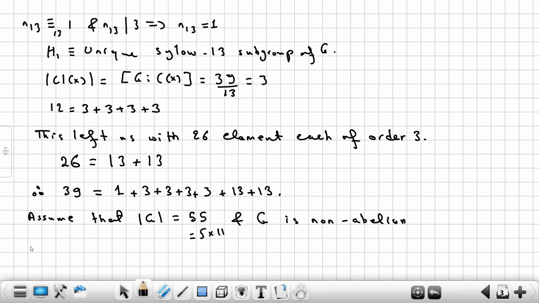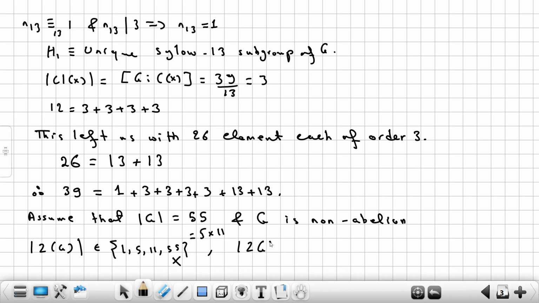Again, we will find the order of the center subgroup. The order of Z(G) must divide the order of G, so the order of Z(G) belongs to 1, 5, 11, 55. If the order of Z(G) is equal to 55, then Z(G) is equal to the whole group, which implies that G is abelian, so this case is not allowed.